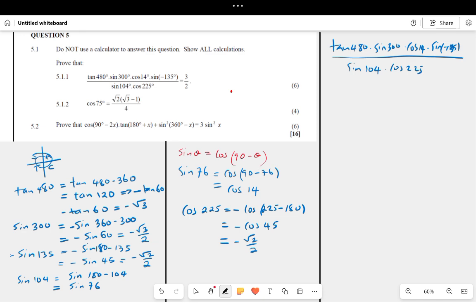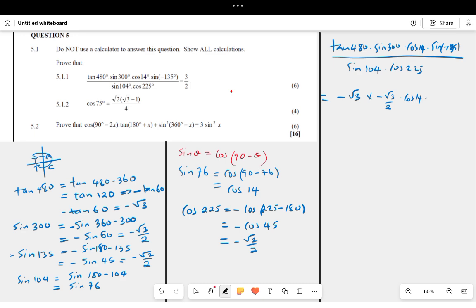Now, we found tan 480 in the first calculation: it is equal to negative the square root of 3. Sine 300, we found as negative the square root of 3 over 2. Then we have cosine 14. We are going to leave it like this because 14 is not a special angle.